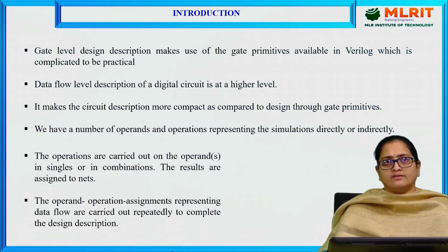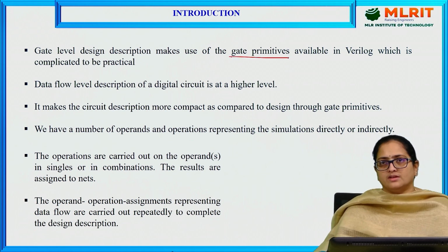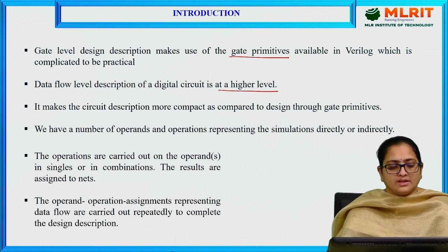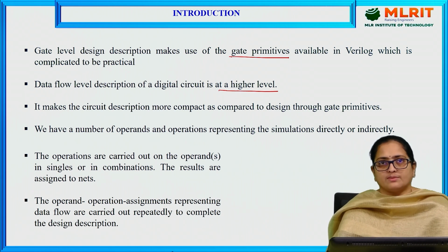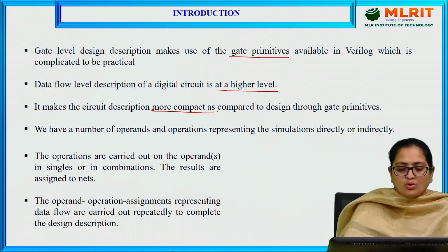In gate level design descriptions, we use primitives which are readily available in Verilog. The data flow description of digital circuits is at a higher level. Compared with gate level design, the data flow level description is higher level and makes a circuit more compact.